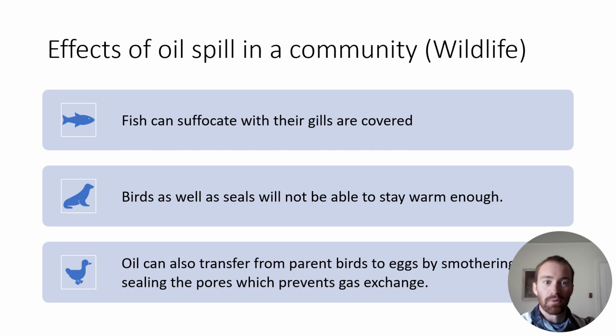If the birds do get away, there will be some residue on them that can be transferred to any eggs at their nest and clog up the calcium pores of the eggs so that the eggs will also suffocate.